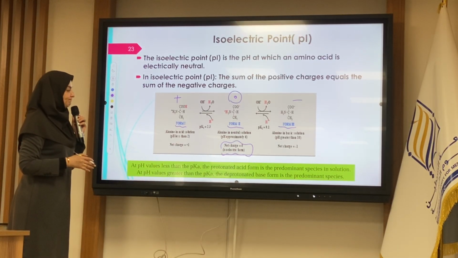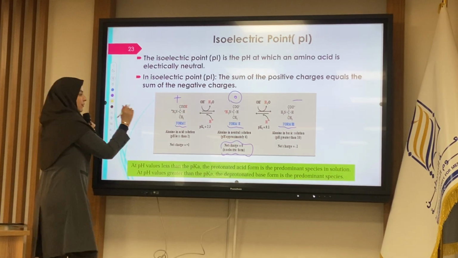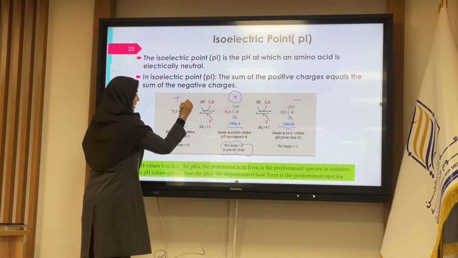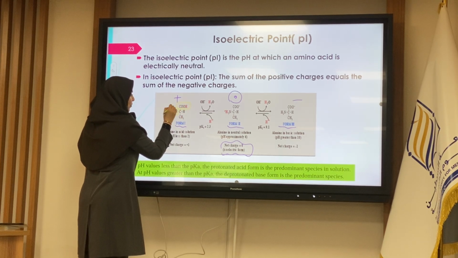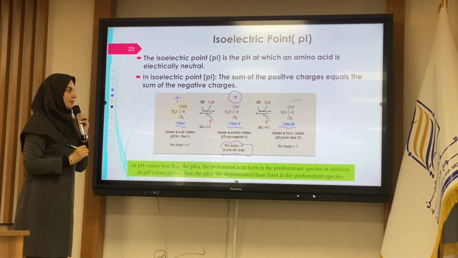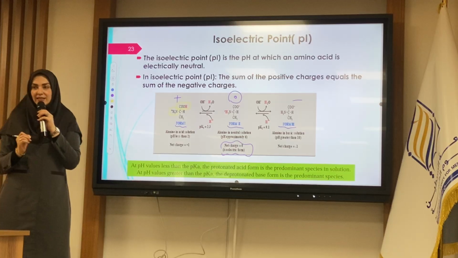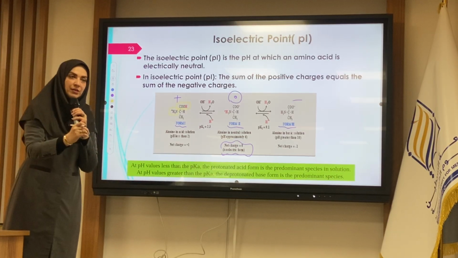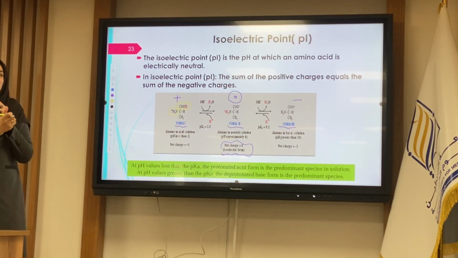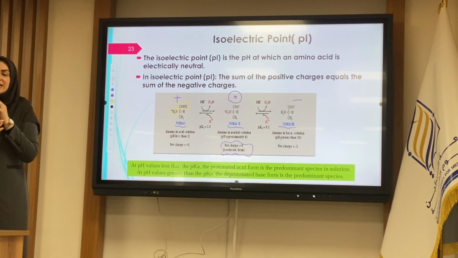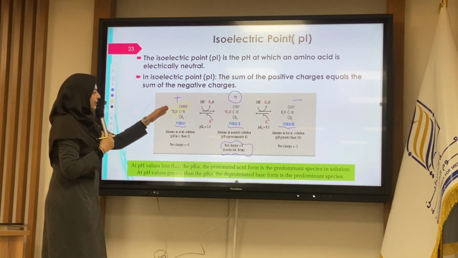As I mentioned, we have one carboxyl group here and one amine group here. They can take a proton or release a proton, so they are considered ionizable groups.